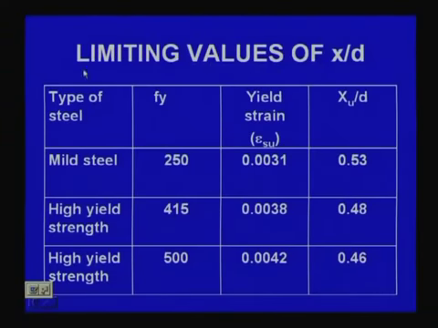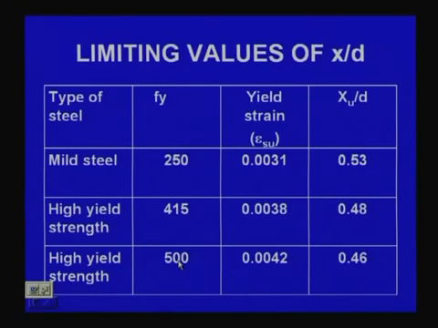So limiting values of x by d. Type of steel: mild steel, high yield strength, Fe 250, Fe 415, Fe 500.